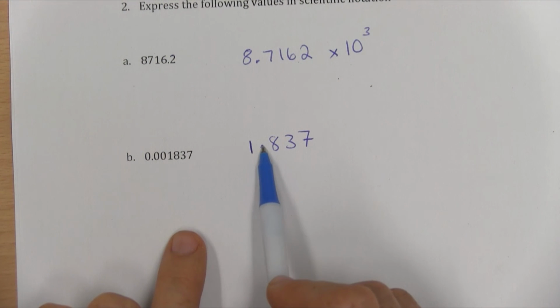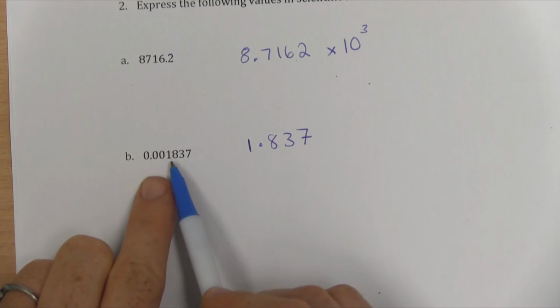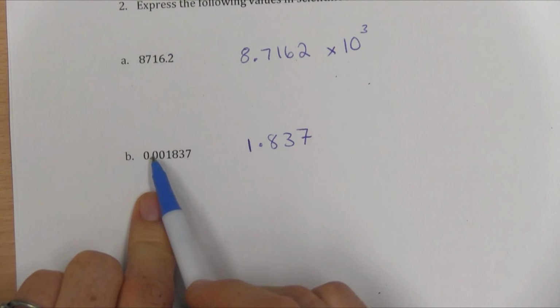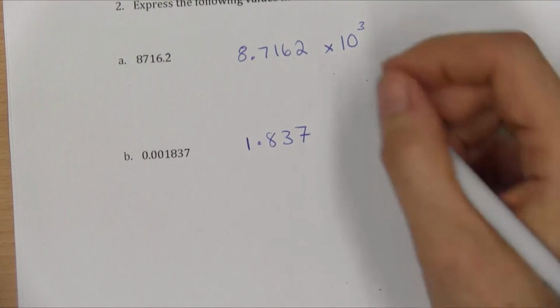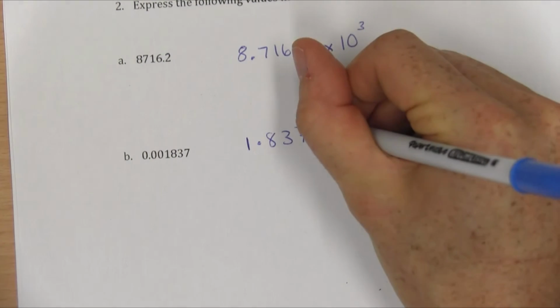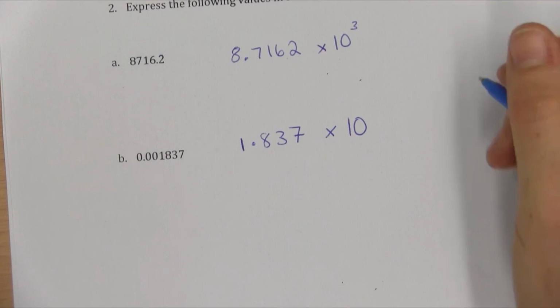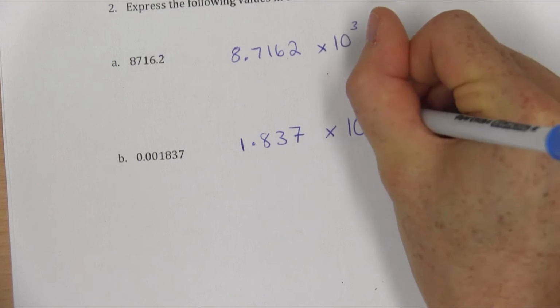So the decimal place is after the 1. Let's check that's the right exponent by moving back to regenerate the original number. 1, 2, 3. Okay, so combining the coefficient and the exponential part of the number gives us 1.837 multiplied by 10 to the negative 3.